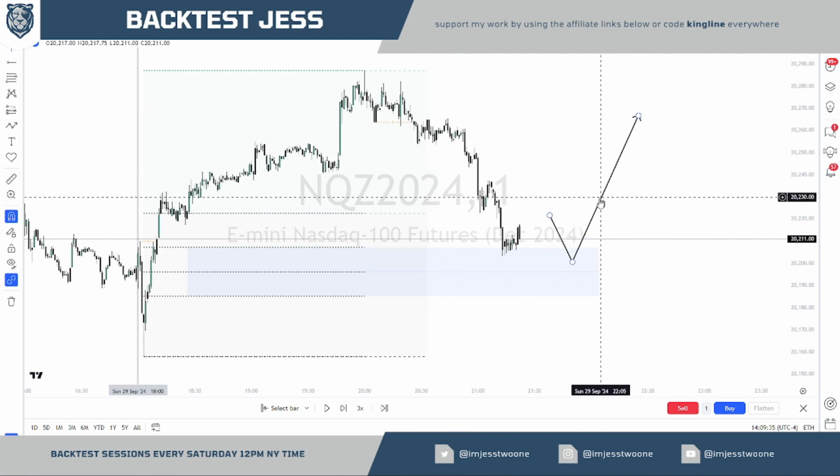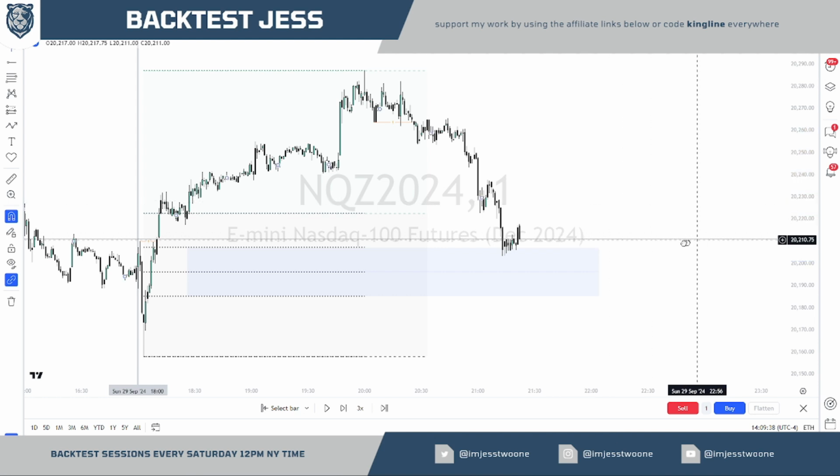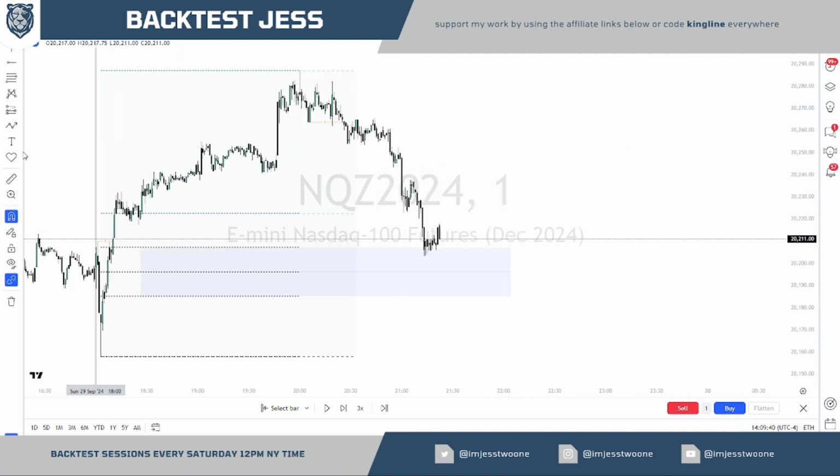However, I will also touch on something else, another ICT concept, and that is the concept of institutional swing points. An institutional swing point is simply a fancy word for two swing points, essentially, or at least two swing points. So we're on the 1 minute time frame.